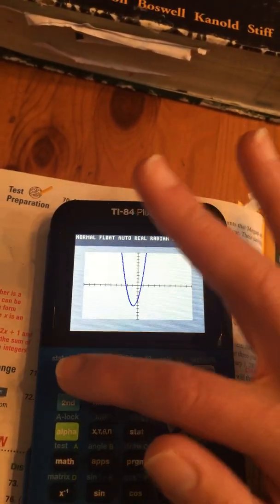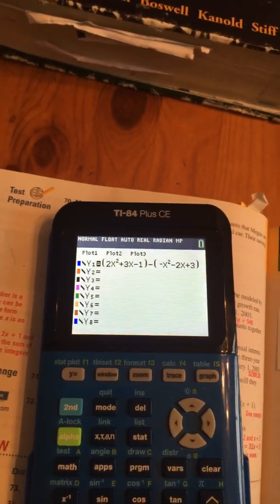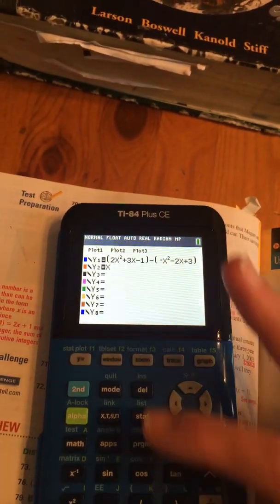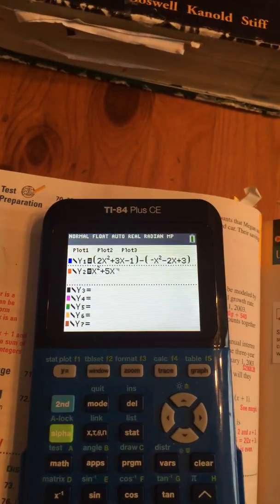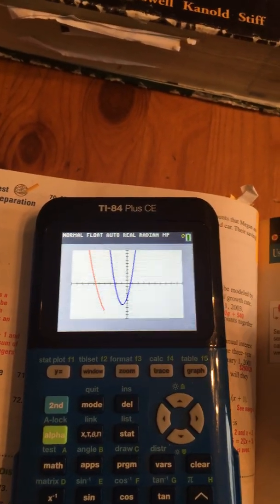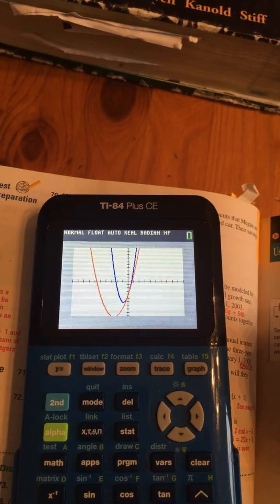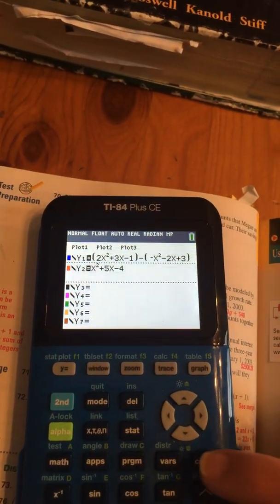So I want to see if my answer is right. So I'm going to do for y2 equals my answer. X squared plus 5x minus 4. And I graph that, and those are not the same. So I go back to y equals, I go down here, and I clear it out.